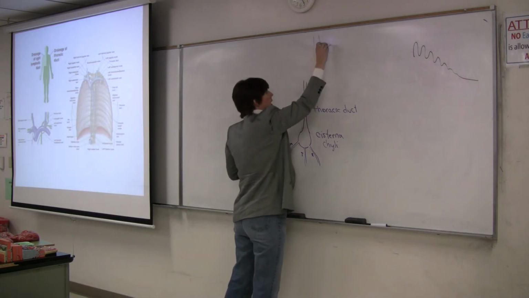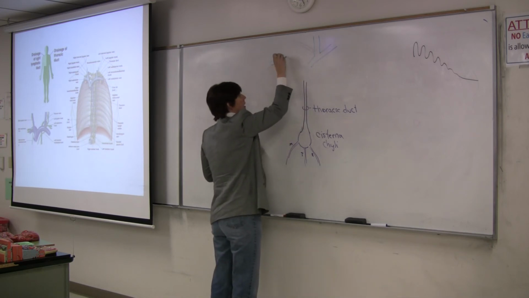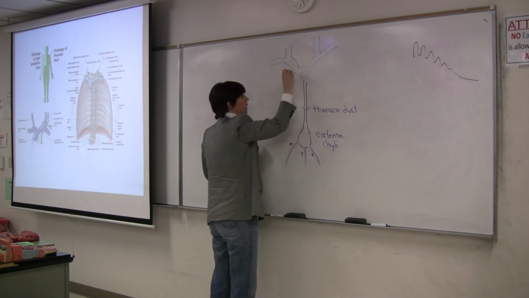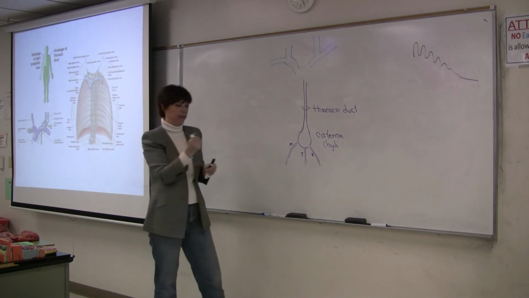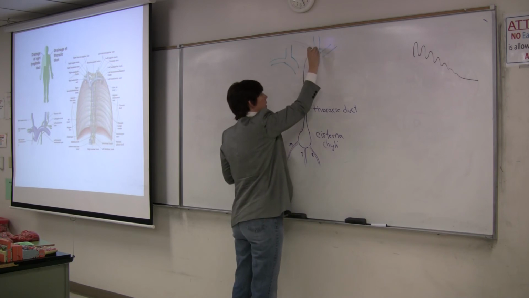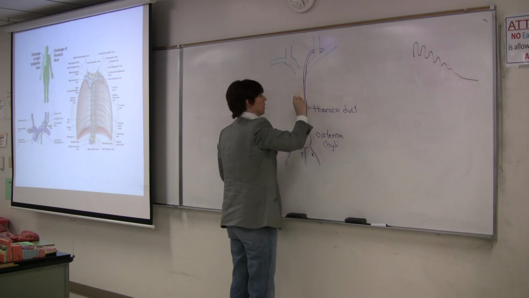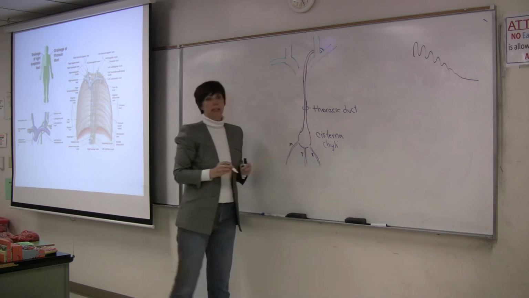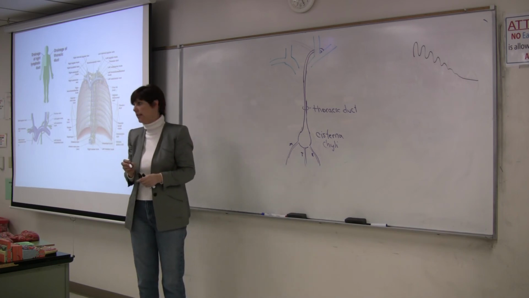It is going to enter into the subclavian vein just about the point where it receives the internal jugular. So it crosses up, and I've drawn this a little fat here, and enters into the subclavian on the left side, about the point where the internal jugular and the subclavian join together.